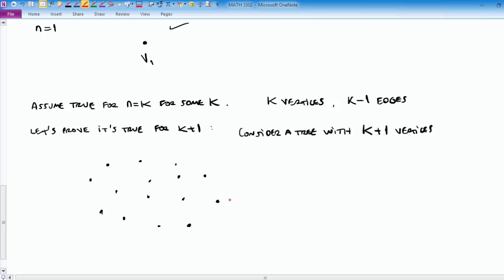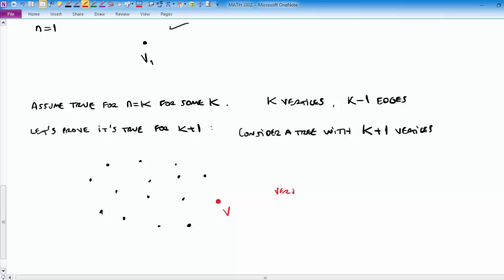Let's take one vertex that has degree 1. This is possible because according to the previous theorem, at least two of these k plus 1 vertices have degree 1. But let's pick one that has degree 1. Let's say, for example, that this vertex V here has degree 1.